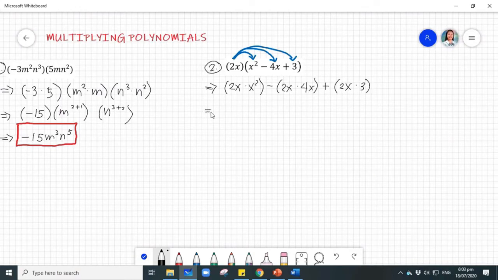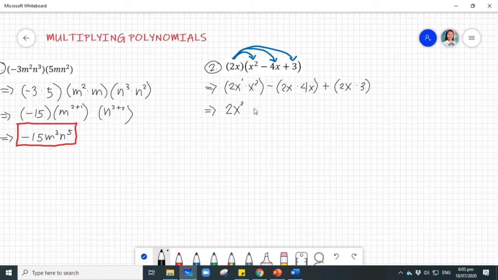Now multiply 2 times the imaginary 1 here. So basically it's also still 2x. There is an imaginary exponent of 1. So 1 plus 2, we're going to add them.